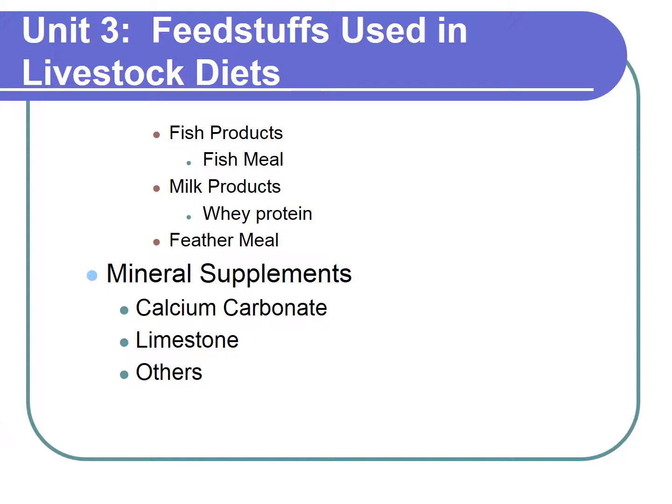Next category as we move along through the eight that we talk about are mineral supplements, and I'll just give you a couple, like calcium carbonate or regular ground limestone, as examples of mineral supplements. Now, are you going to pick up some minerals out of your alfalfa hay? For sure. Or is there minerals in your corn silage? Absolutely. Are there mineral content in soybean meal? Absolutely.